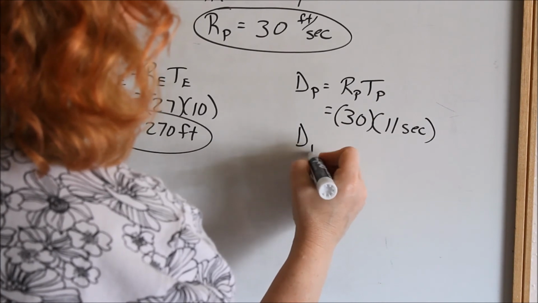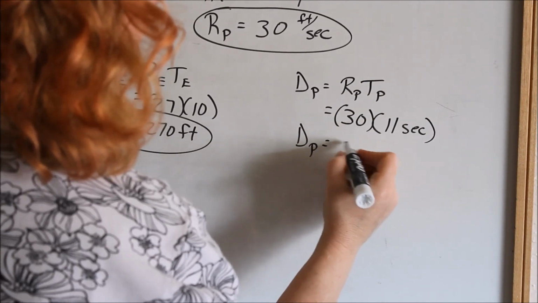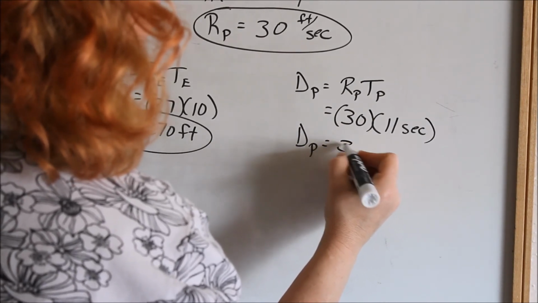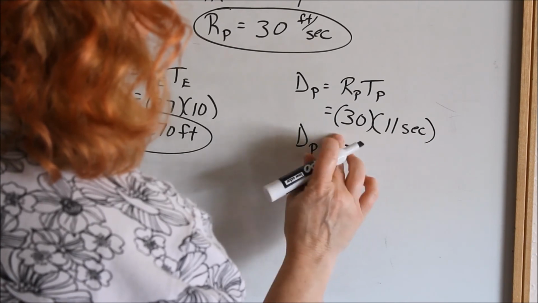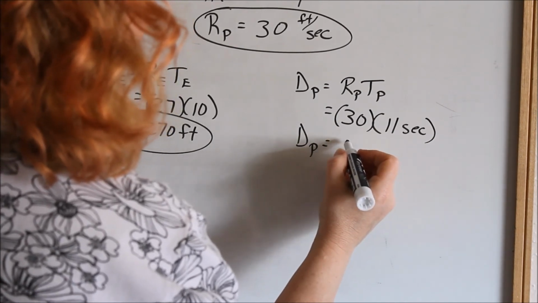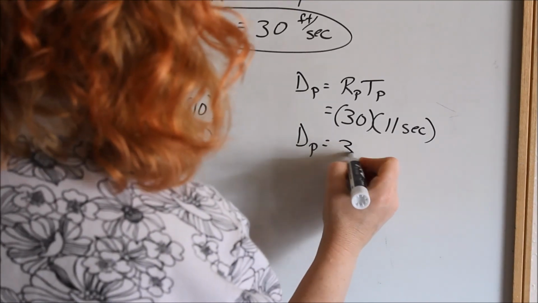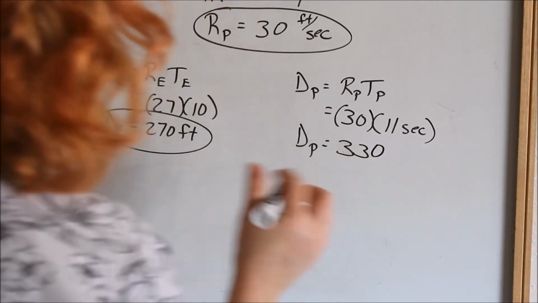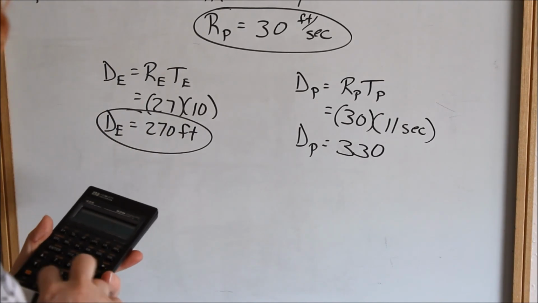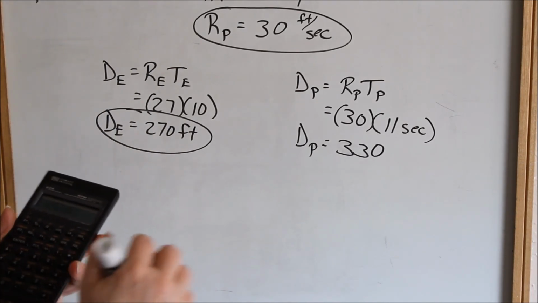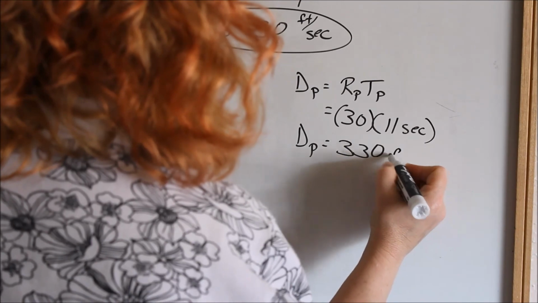So her distance is going to be, split them and add them, 330. I don't think I did that right because that's times 10. Oh, yeah, I did. 330. Okay.